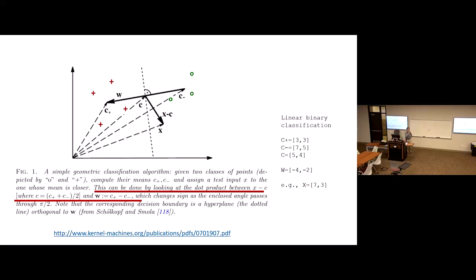How can we use this very simple linear algebra operation as a classifier, to group the points? In this example, we have some red dots, right, across, some here.